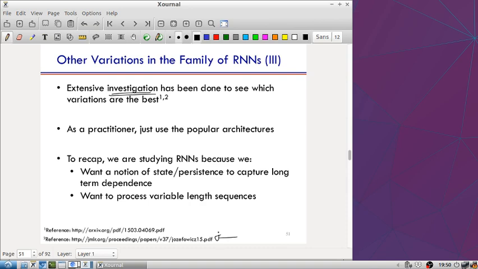They tried to determine which architecture best captures long-term information to do well on the tasks and applications I mentioned. The output of that exhaustive search was that the LSTM I described over the past 10 slides, and GRU, happened to do well. That's why we are studying them.